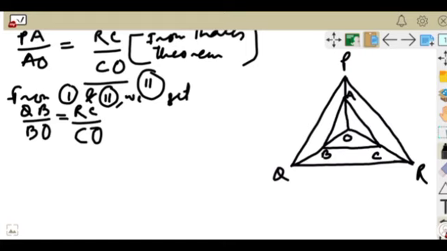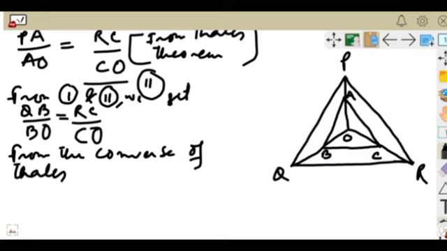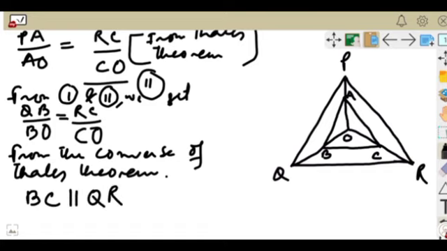So let me write here, from the converse of Thales theorem, what we can conclude? We can conclude that this BC is parallel to QR. I can write BC is parallel to QR. Hence, proof.